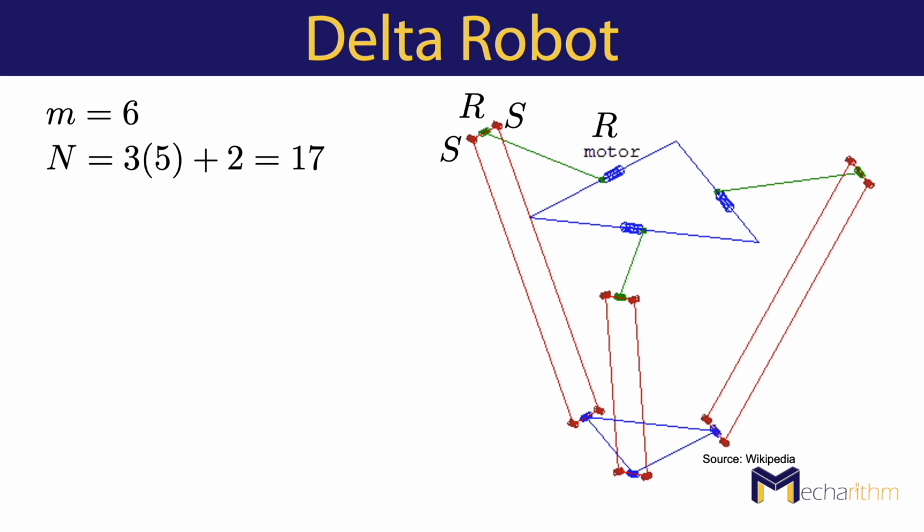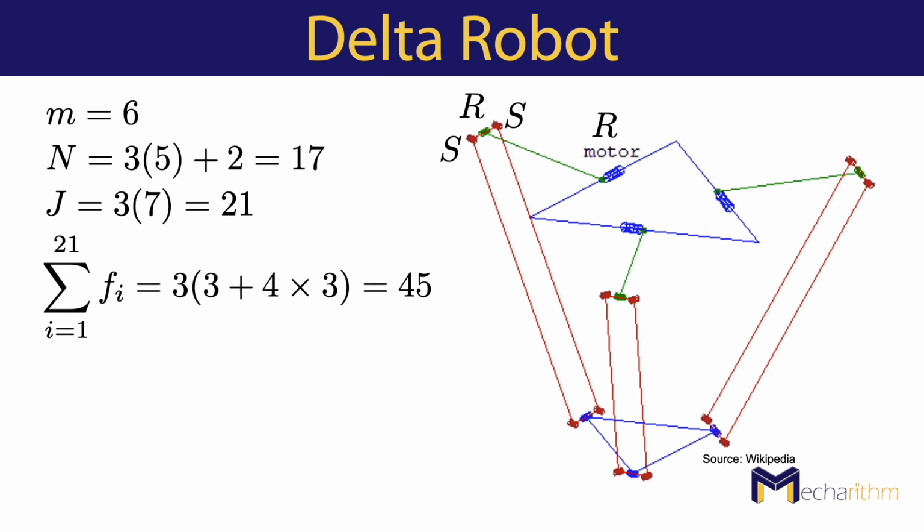It has 17 links because each of the legs has 5 links, so 3 times 5 plus 2 platforms is 17. It has 21 joints because each leg has 7 joints. The 3 times 7 is equal to 21.